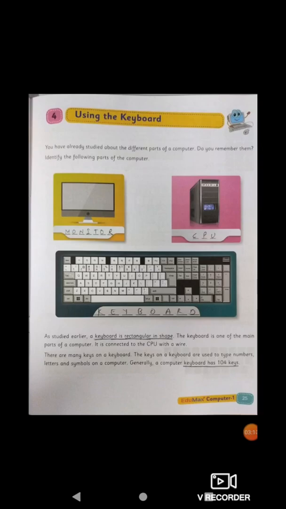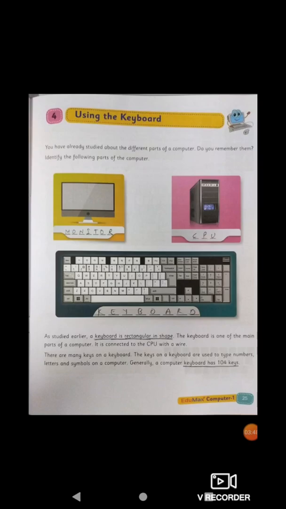So this paragraph is telling us that we have already studied what a keyboard looks like, what its shape is. Right, students? We have been to a computer lab and we have used the keyboard. The shape of the keyboard is rectangular, and it is one of the main parts of the computer. It is also known as an input device. Why an input device?